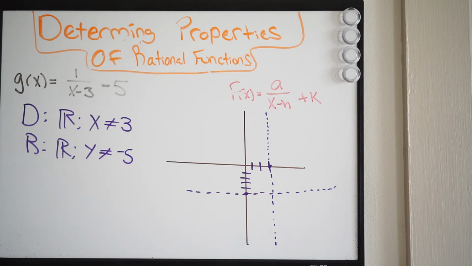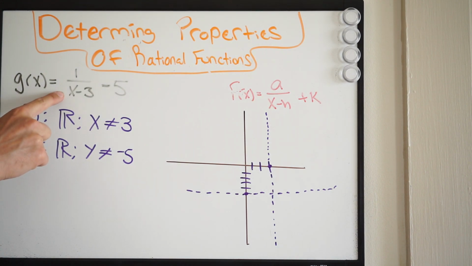So we're going to have to pick some values for x so we can determine that. I'm just going to pick an arbitrary x value here. I'm just going to pick -5. So I'm going to plug in a -5 for x, and I'm going to determine what my y value will be.